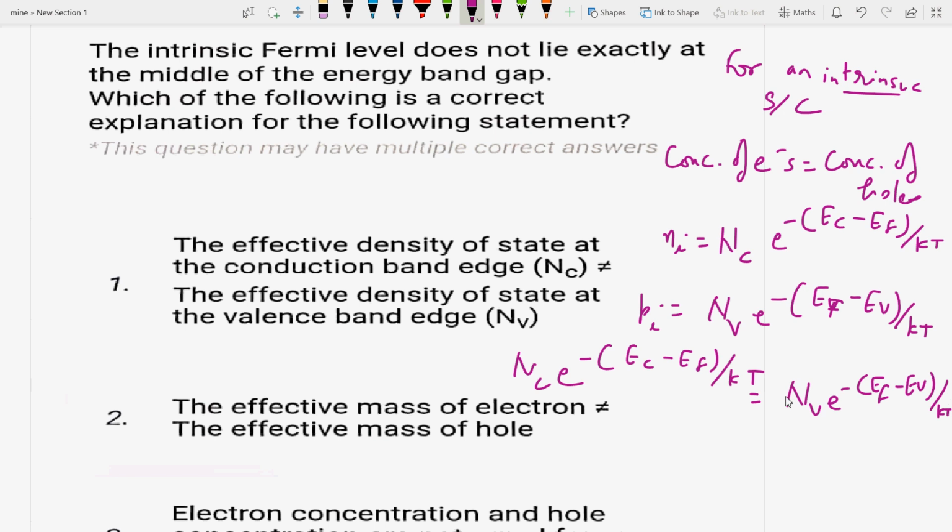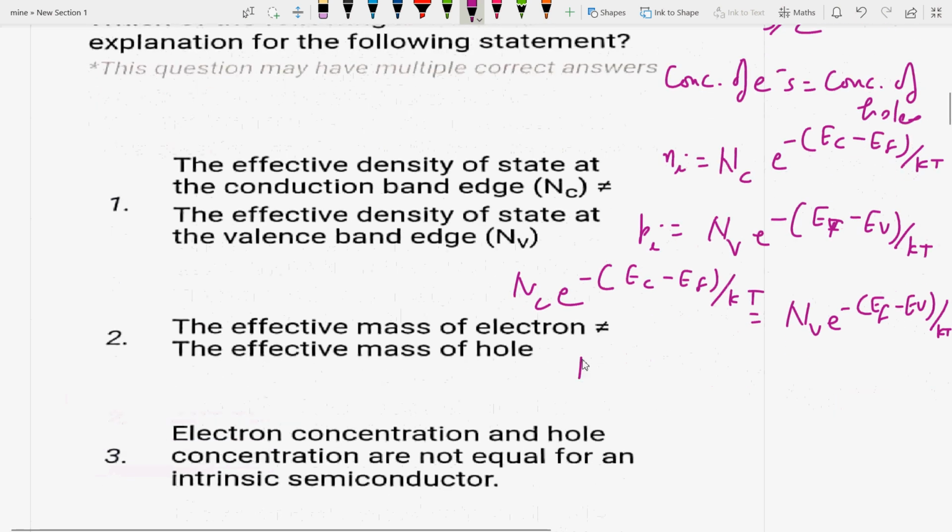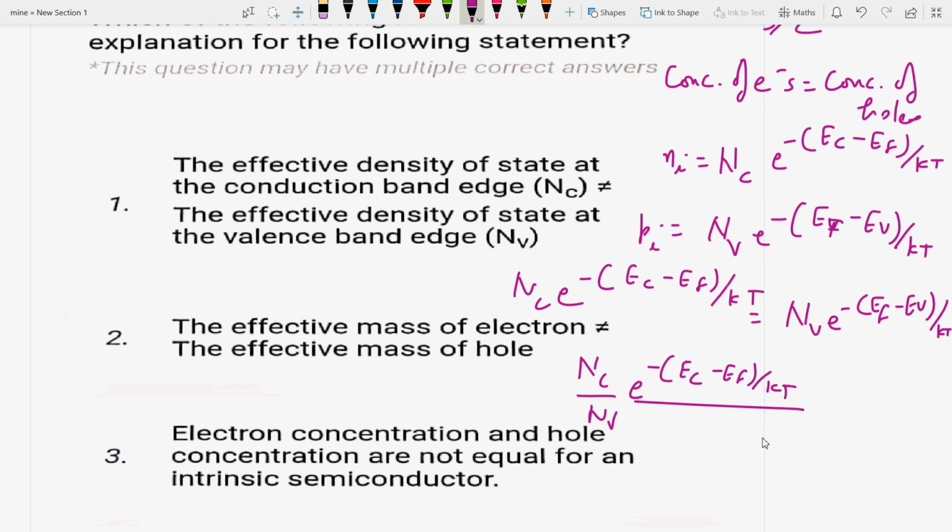So following this, what do we get? We get Nc upon Nv e to the power minus (Ec minus Ef) by KT divided by e to the power minus (Ef minus Ev) upon KT is equal to 1.